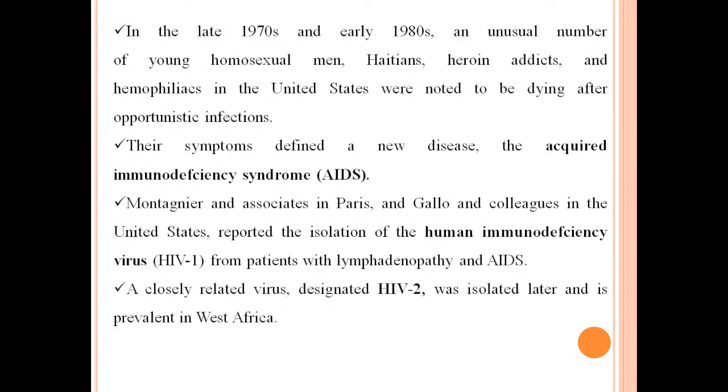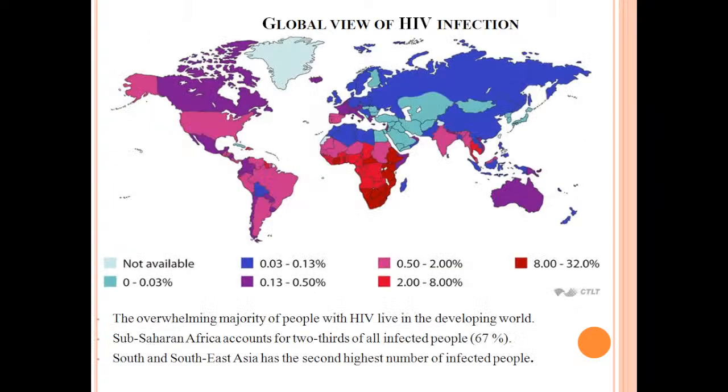Dr. Montagnier and associates in Paris and Gallo and colleagues in the United States reported the isolation of human immunodeficiency virus from patients with lymphadenopathy and acquired immunodeficiency syndrome. A closely related virus designated HIV-2 was isolated later and is prevalent in West Africa.